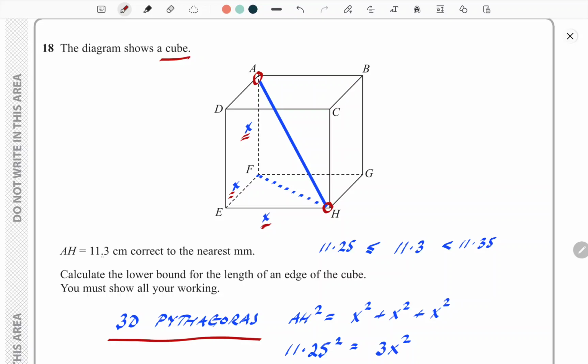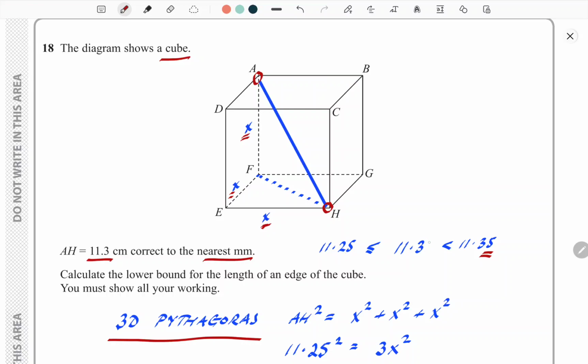And they've said that AH is 11.3 correct to the nearest millimeter. So effectively the 3 is where it's been rounded. Like in the previous question, you go to the next decimal place, and it could have been as high as just below 11.35, and down to half, so 11.25.